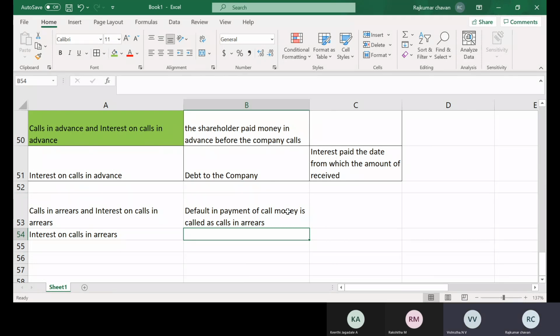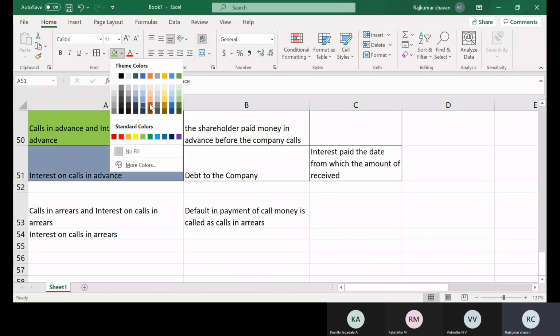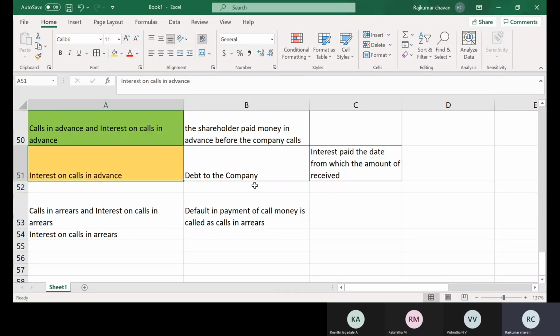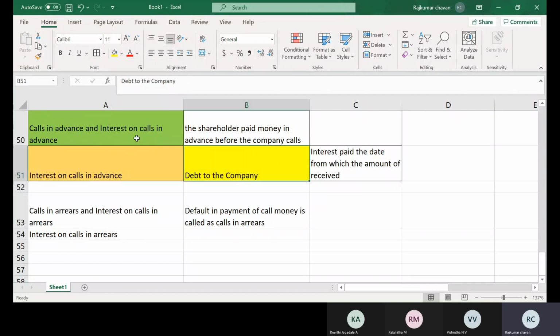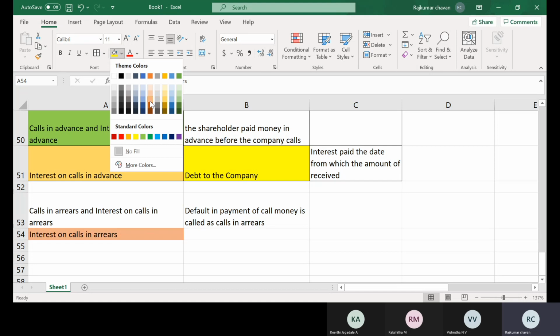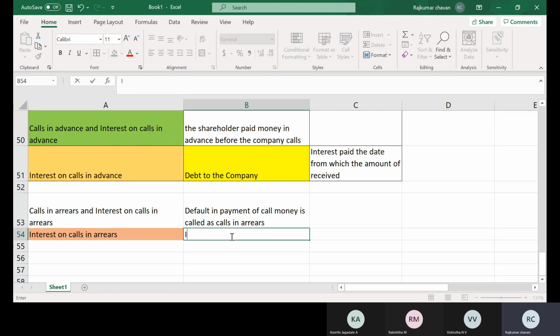The company will get interest. In the previous calls in advance, the company was paying the interest, that is why it was a debt to the company. So now interest on calls in arrears is an income for the company.